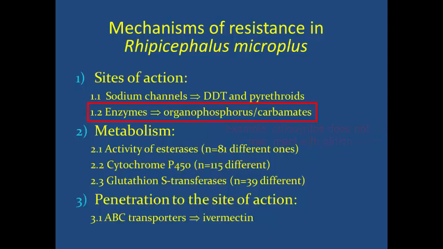We have shown this in some of our studies in which there is almost a complete lack of efficacy against chlorpyrifos in some farms, and those same ticks will still be very susceptible against another OP like ethion.